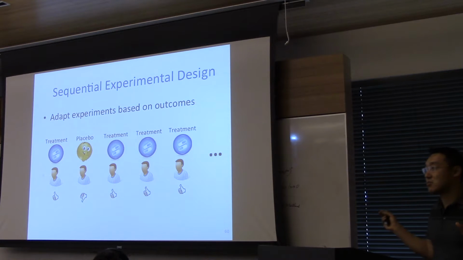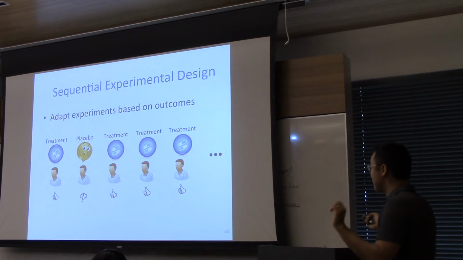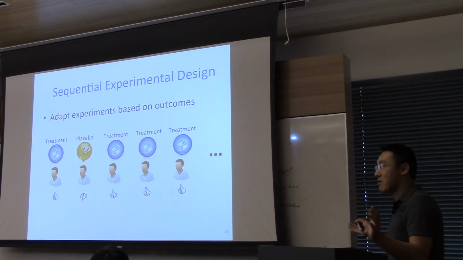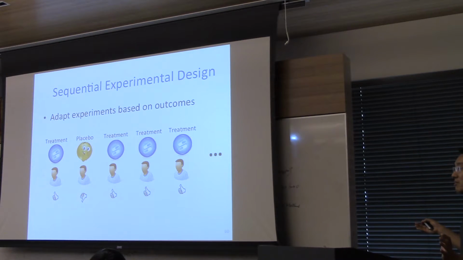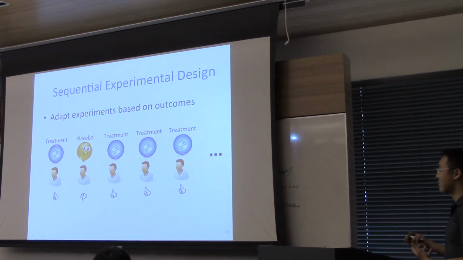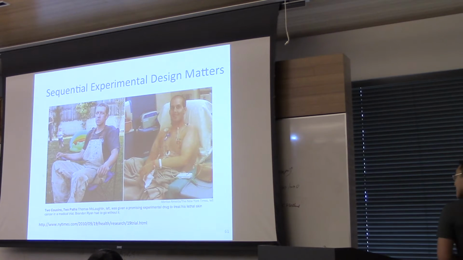Sequential experimental design says, well, hold on a second. The people in the clinical trial matter too, right? They matter as well. We should not completely ignore them. So if you start seeing early evidence that the treatment is working, you should be biasing more towards the treatment, because regret is not just about the people you treat after the clinical trial is over. It's also about the people in the clinical trial.